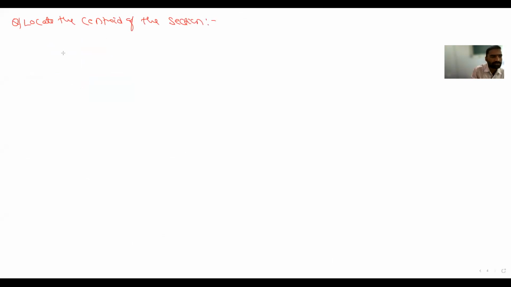I will draw one section and I have to locate its centroid. So this is a section. He has given its width and its length.